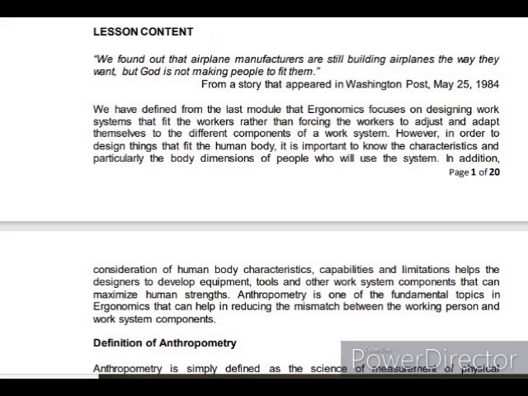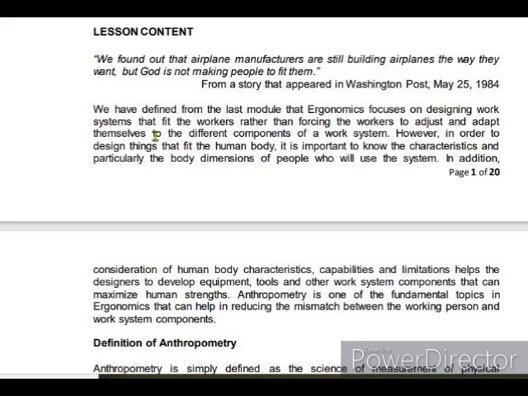So it only implies that the airplane manufacturers should design their airplanes based on the people who are using them. They should take into consideration the characteristics of people, because the characteristics of people cannot be adjusted to use the airplanes. But the design of the airplanes can be adjusted.